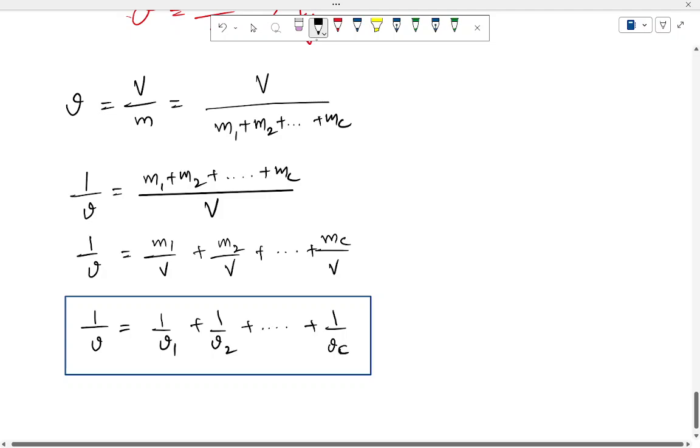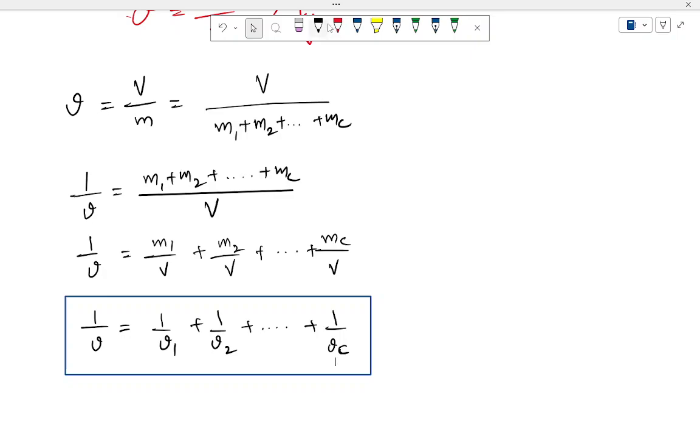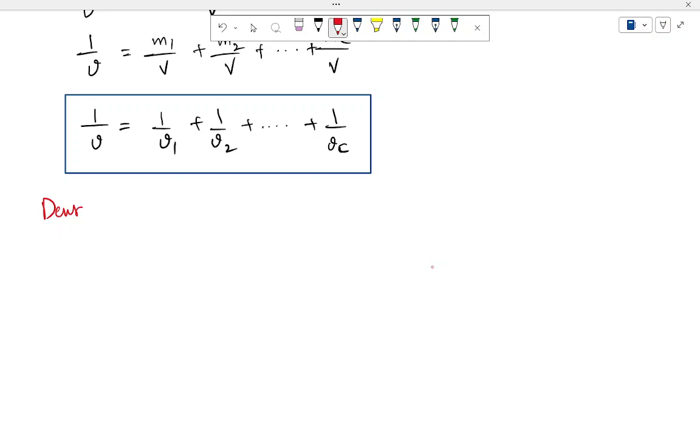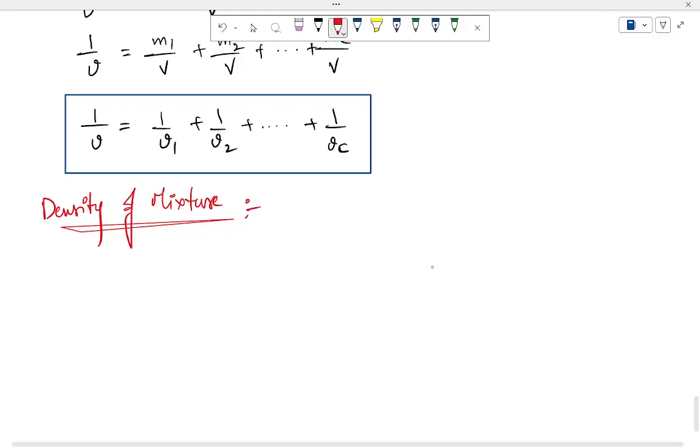Based on the same thing, we will get one more concept here called density of mixtures, the density of a mixture of gases. So we are speaking about rho here.